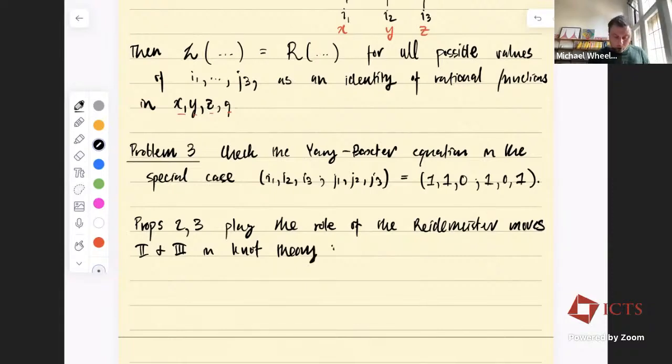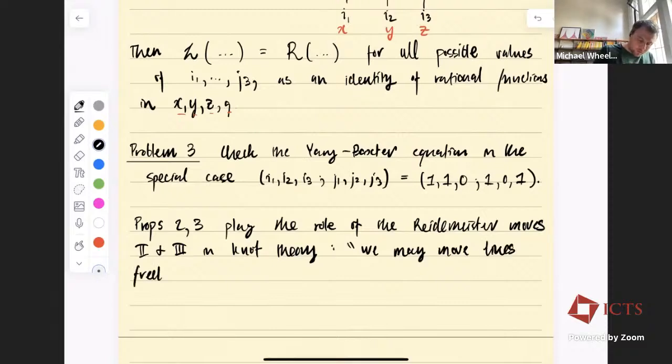And to make that more precise, there's a kind of catchphrase you can remember. So we may move lines freely as long as endpoints remain fixed.